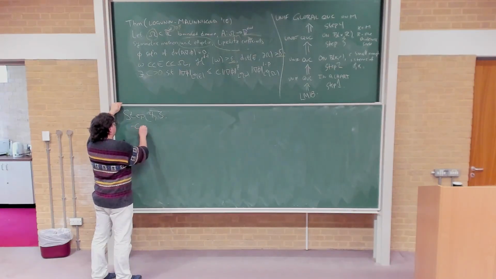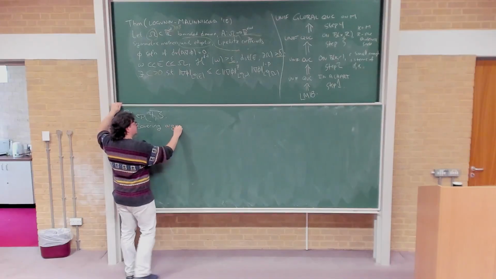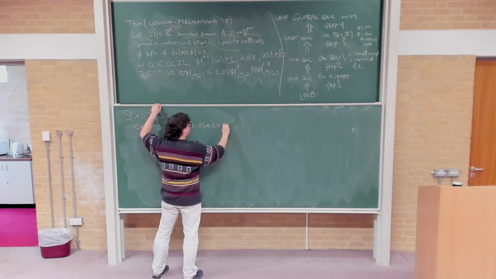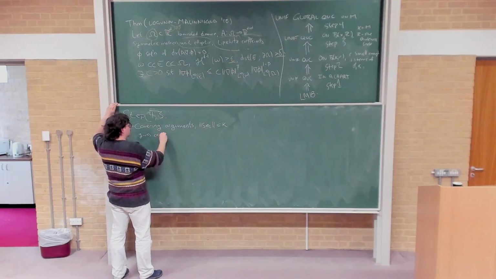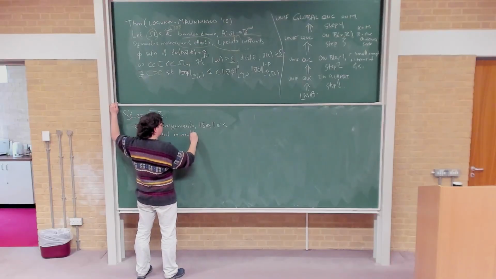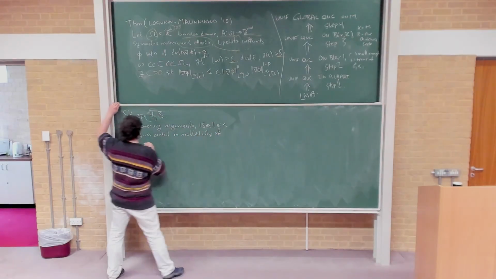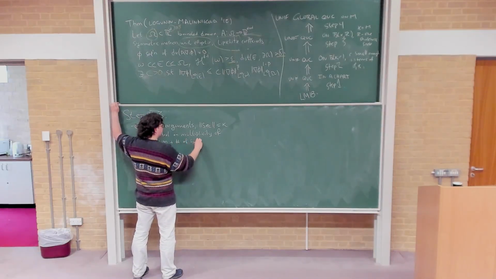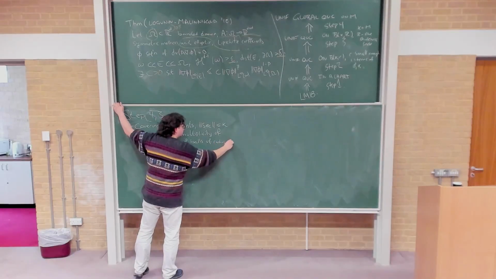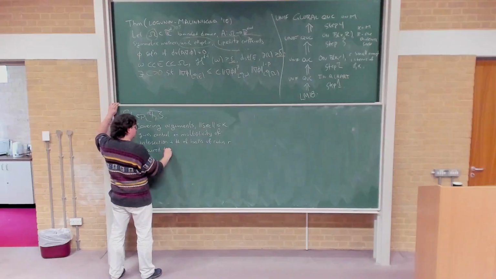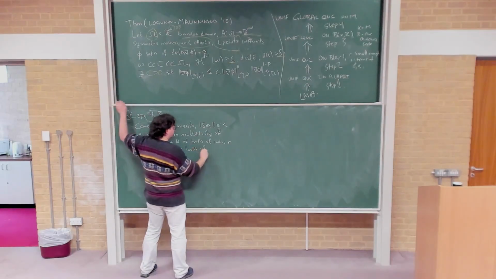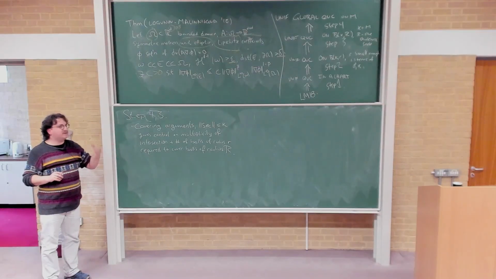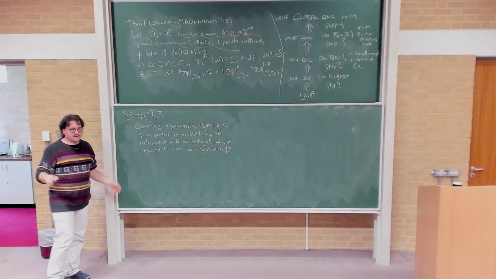They consist in covering arguments, using the fact that the norm of the sectional curvature smaller or equal than kappa gives control on the multiplicity of intersection plus on the number of balls of radius r required to cover balls of radius big R. Okay, so I won't go into the exact details of how this is done, but this is somewhat standard as part of the argument.